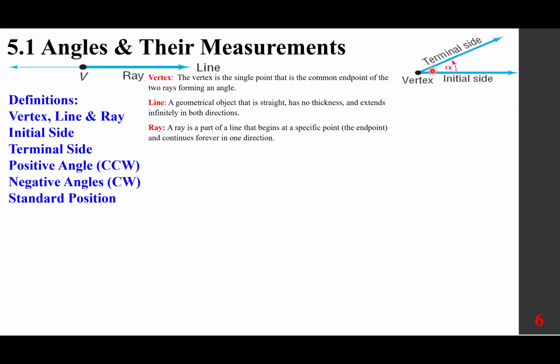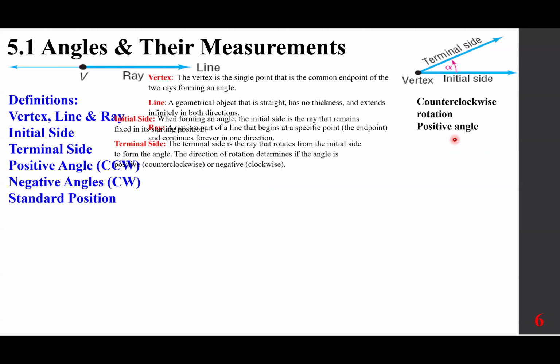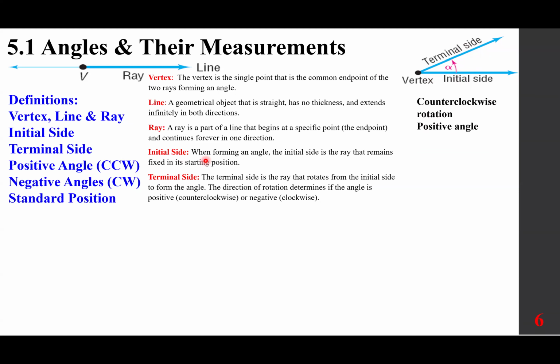Now, here's the vertex, here's the initial side, here's the terminal side, and counterclockwise, this way. Counterclockwise rotation is considered positive. So that's a positive angle. Initial side: when forming an angle, the initial side is the ray that remains fixed in its starting position.